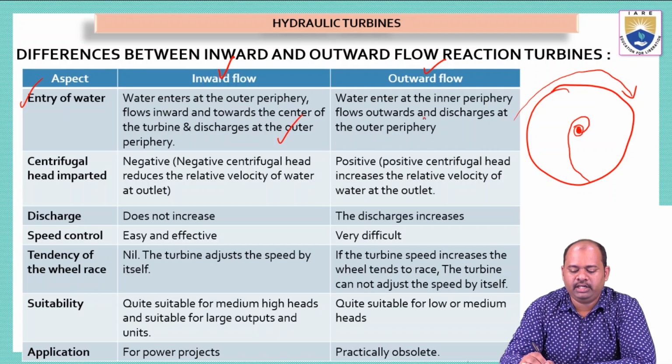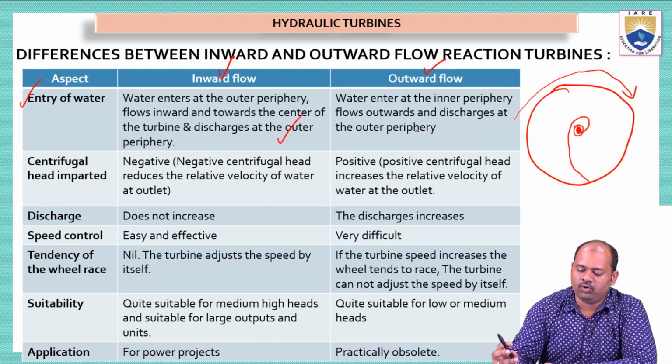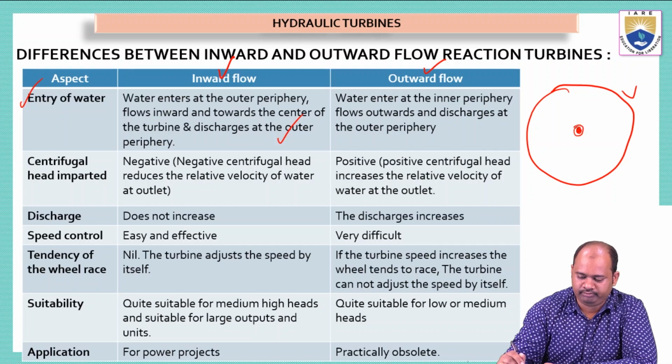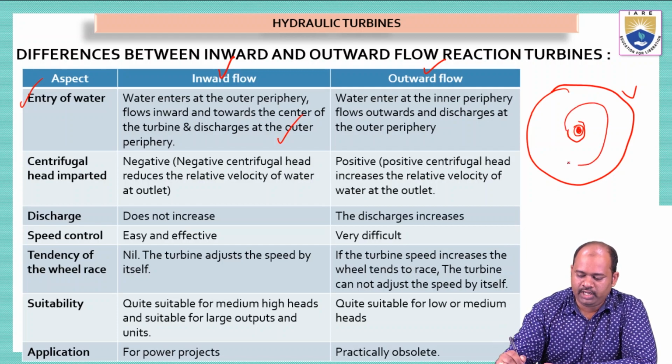The second one is the outward flow turbine. Water enters at the inner periphery, flows outwards and discharges at the outer periphery. This is just the opposite of the inward flow, where the water enters at the center. Now the water will start entering here in a perpendicular direction, rotate in this direction and finally come out.